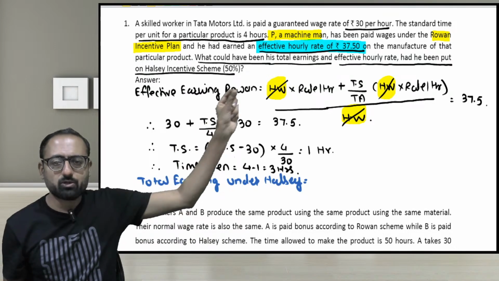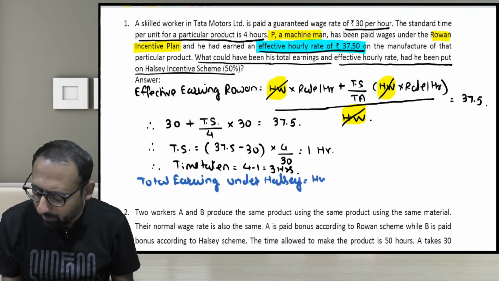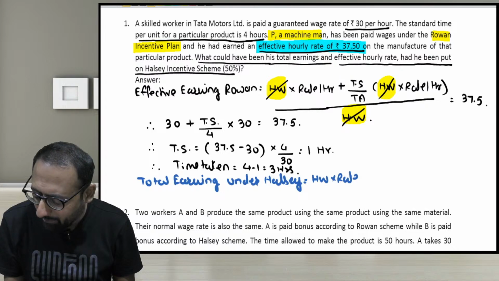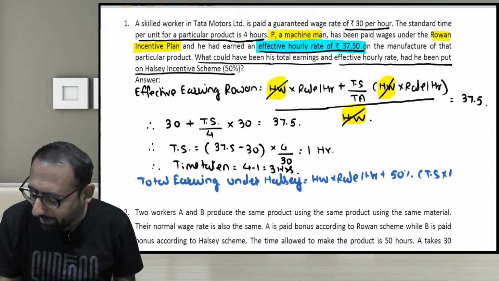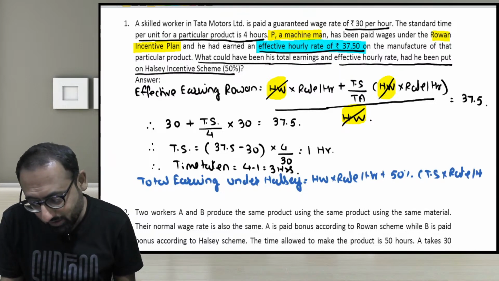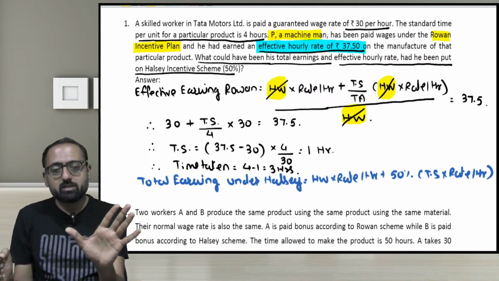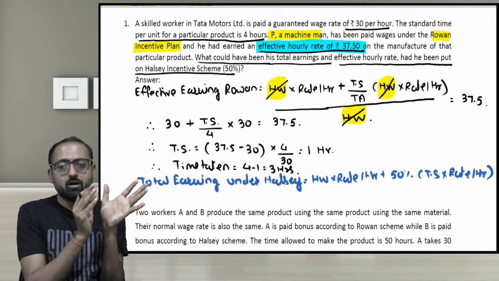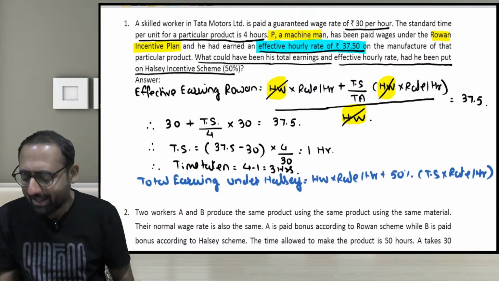The first part is absolutely the same: hours worked multiplied by rate per hour, plus 50% of time saved multiplied by rate per hour. So this is your basic formula for the total earning under Halsey.